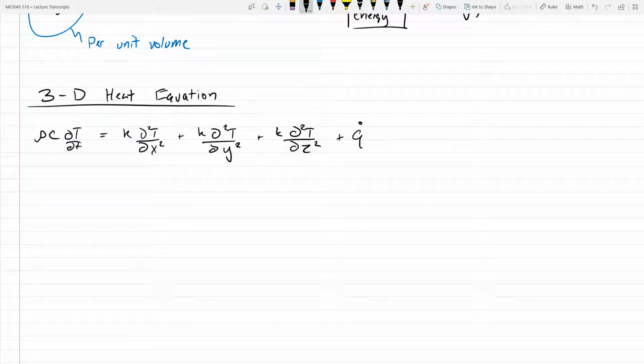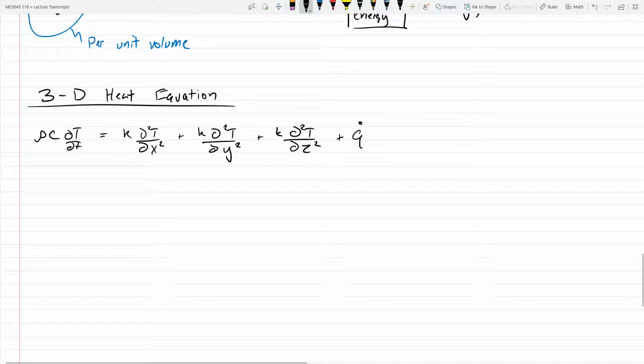So it hasn't made it that much harder. The only thing is now we've included these partial derivatives in y and z. And just like this one represented the net amount of heat entering the system boundaries by heat conduction along the x-axis, those second two represent the amount of heat conduction into the system along the y and z axes. So those still go into your E dot in minus E dot out terms in your energy balance.